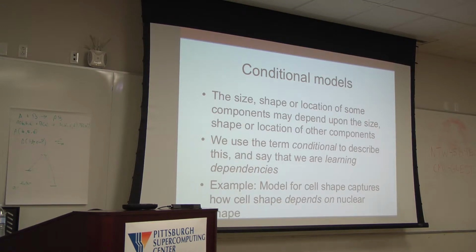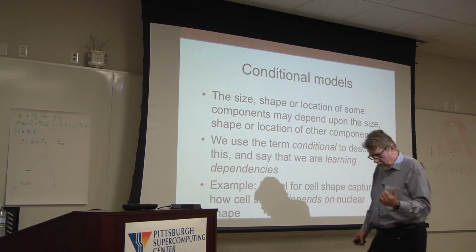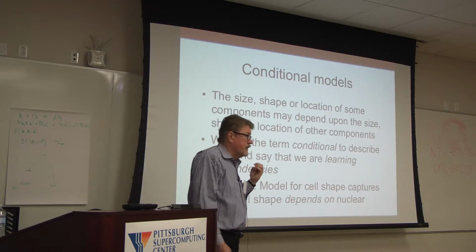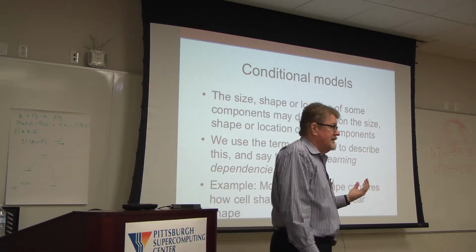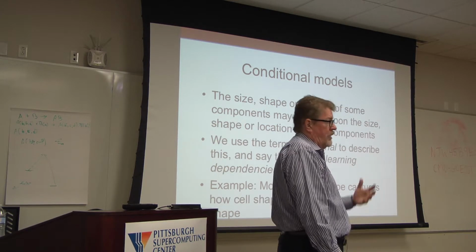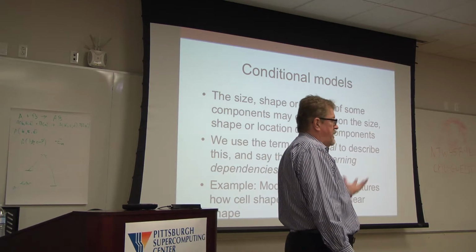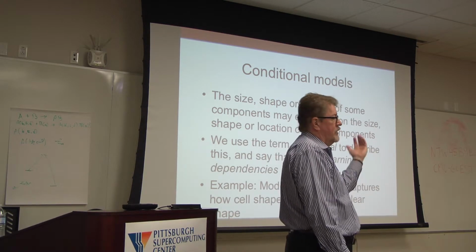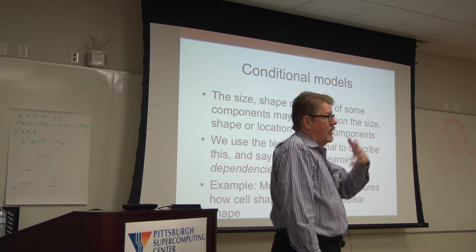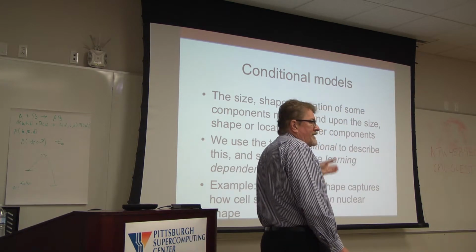Now, another concept that comes up here is that the things as I presented them, I was largely presenting as independent of each other, and they may not be. So for example, the places where lysosomes might be depend on where the microtubules are, or where the nucleus is, or where the ER is. So models of different components may depend upon each other.